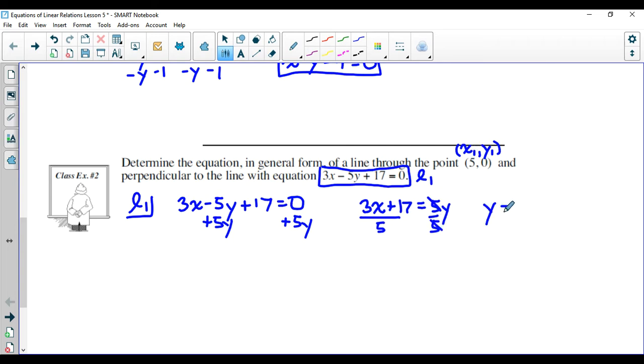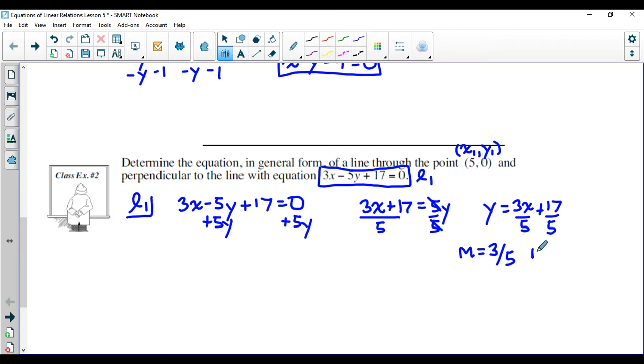So divide both sides of the equation by 5. The 5's cancel off. And then you get y would be equal to 3x over 5 plus 17 over 5. Okay, so in y equals mx plus b, the slope would be 3 over 5.